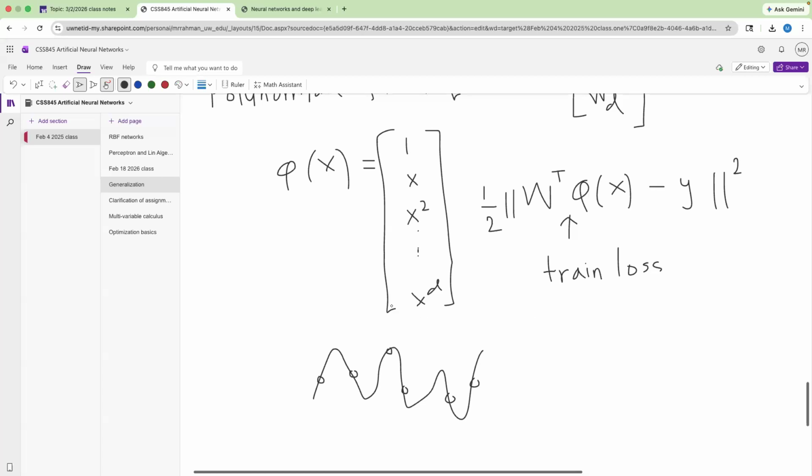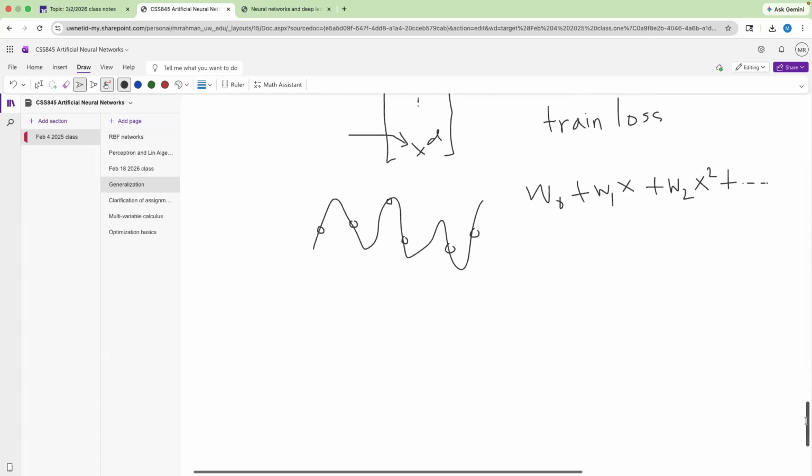To do that, you would have to put very high weight values on these larger degree coefficients, right? So this is what it would look like: W0 plus W1 X, and so on. And this becomes a complex polynomial when these weights are really high.